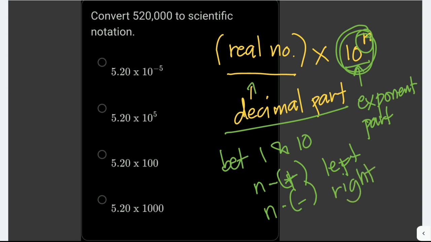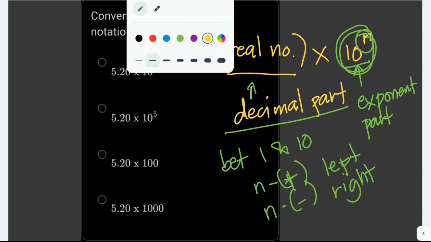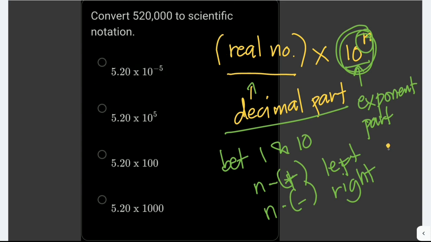So if this is the decimal point, and you move it to the left, then the exponent n is positive. If you move the decimal point to the right, then the exponent n is negative.